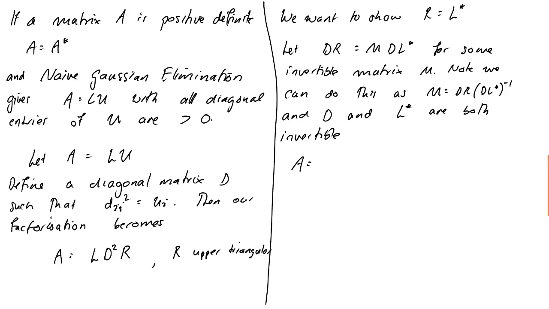We know that A equals A star, because that's where we started with our matrix. If we plug our various pieces in here, L D squared R therefore equals R star D squared L star. Now I'll plug in my expression here.